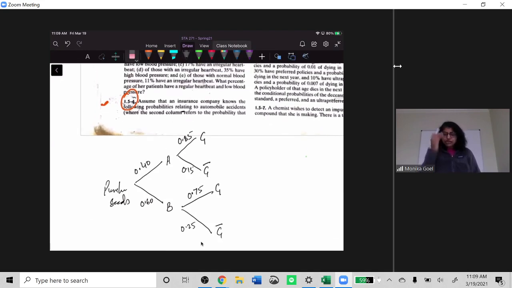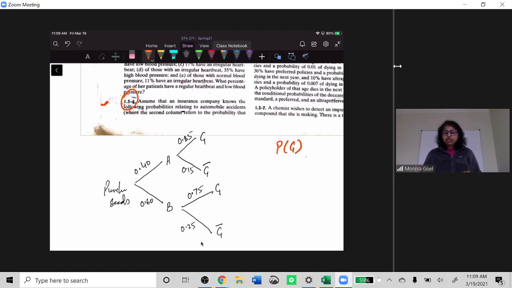Now the question is asking what is the probability that the seed was purchased from either of the suppliers, because the company purchased the seeds from both A and B and mixed it. And when the seeds are mixed, we do not know if it is coming from supplier A or from supplier B. Let's say when the seeds are mixed, we randomly pick one seed.